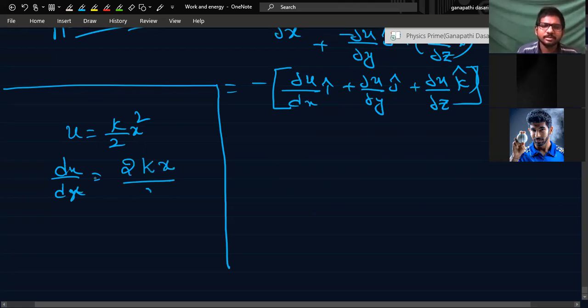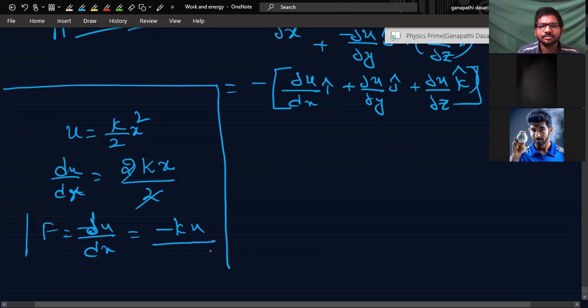Force is equal to minus dU by dx, right? You get minus kx. So this is a sample.